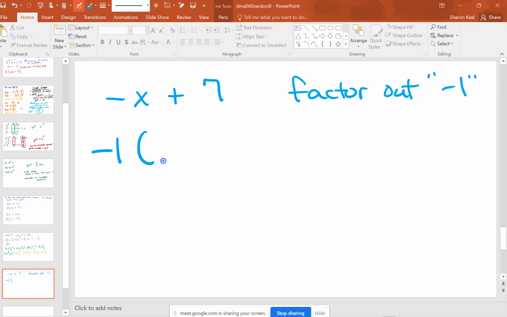So if I factor out a negative 1, what's going to happen is my signs change. To get a negative x, I would have to say negative times positive is negative. To get a positive, I would have to say negative 1 times negative 7. Negative times negative would give me a positive. So the signs are going to change for what was up here when you factor out that negative 1.